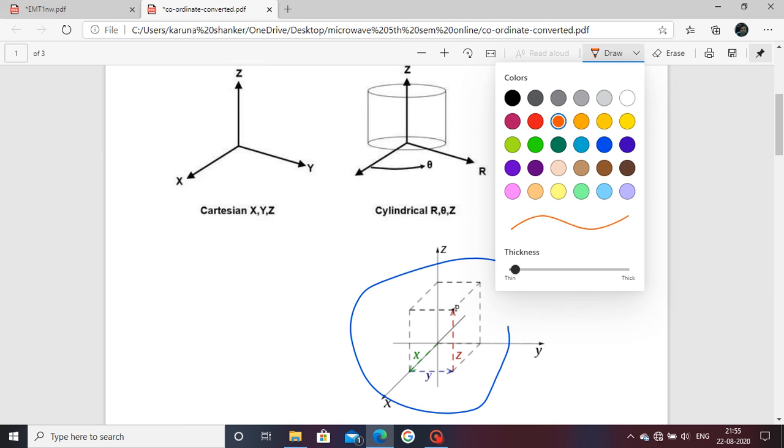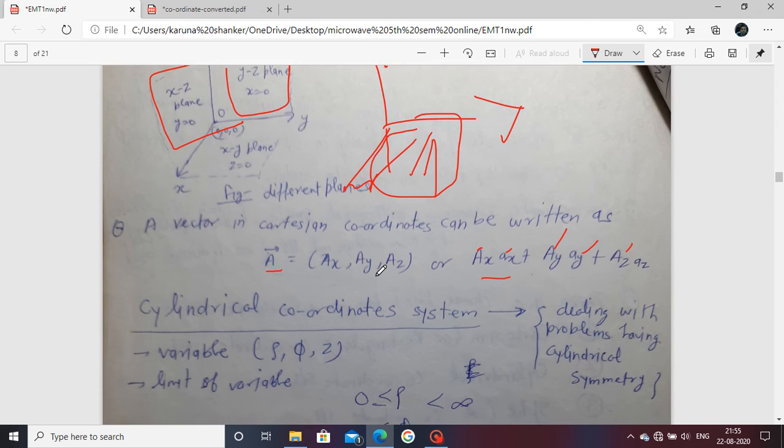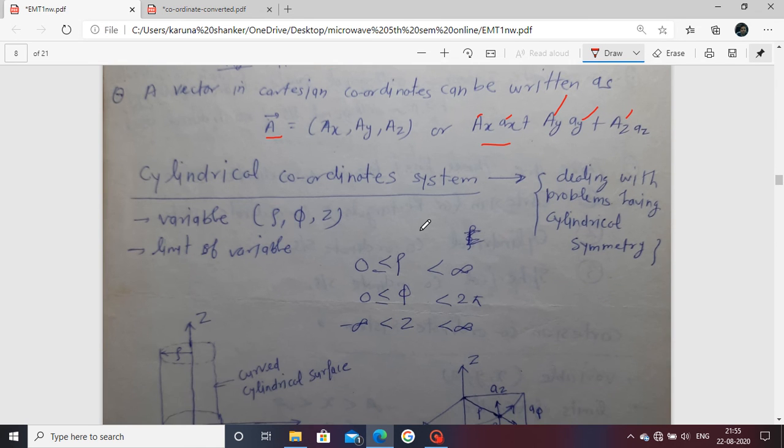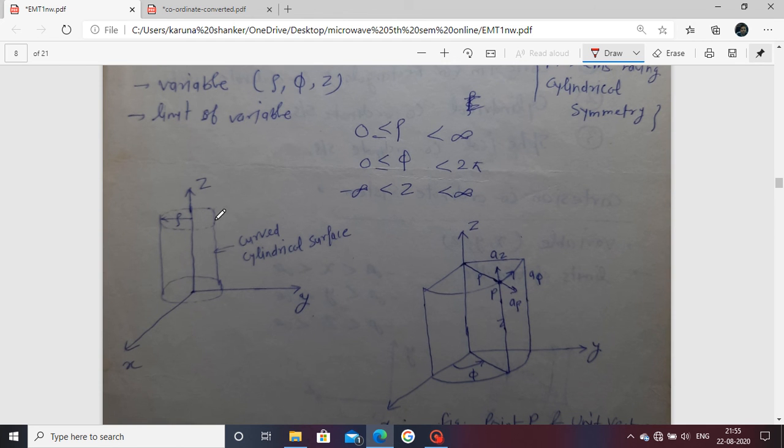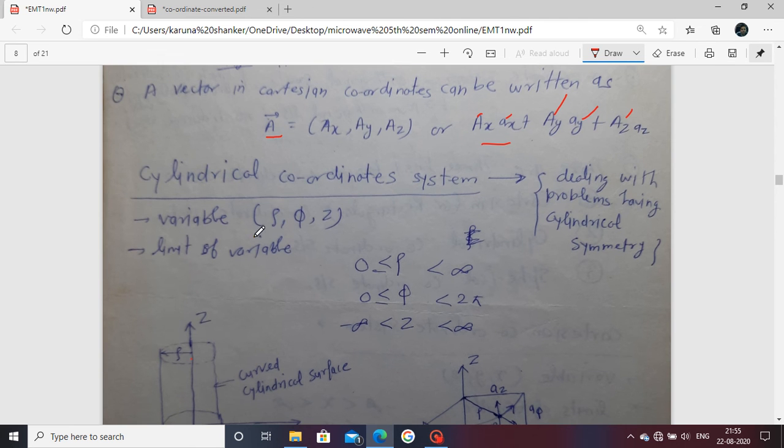Next we move to the cylindrical coordinate system. This is used when cylindrical symmetry exists, as you see here in the cylinder-shaped structure. The variables are rho, phi, z.